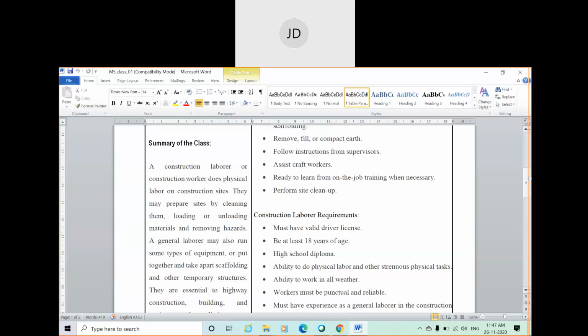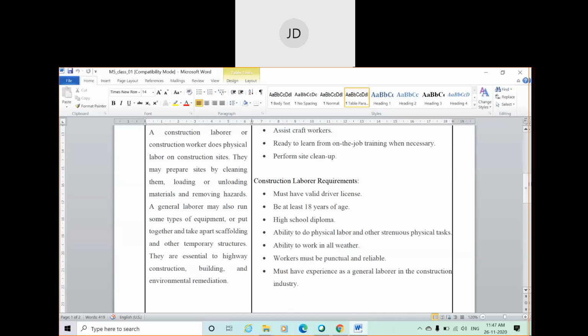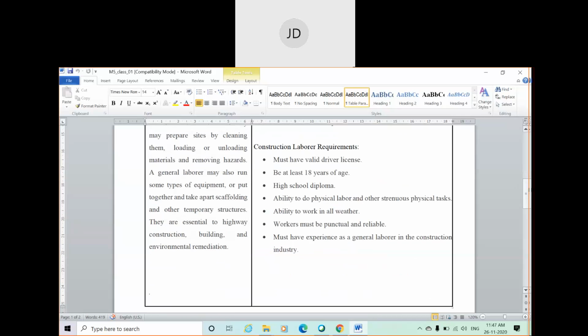A construction labor may prepare sites by cleaning them, loading and unloading materials, or removal of hazard.